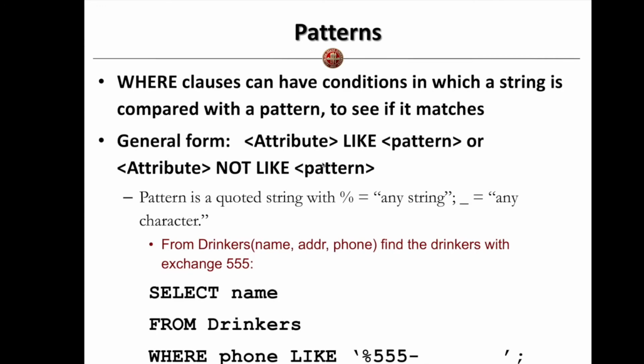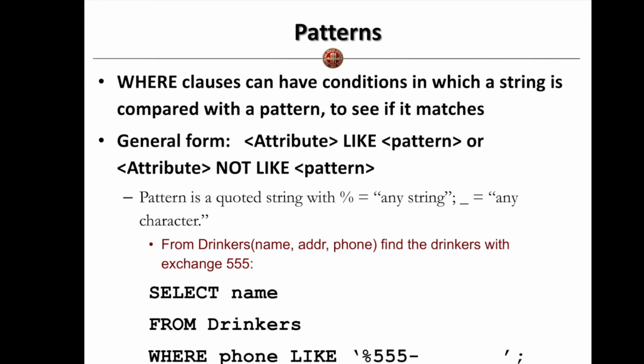So in the where clause, we can compare the string with a pattern to see if it can match or not. The general way to do this matching of strings is: we have the attribute name LIKE some pattern. This attribute name denotes a string in a relation, right? Or we can use this attribute NOT LIKE some pattern.